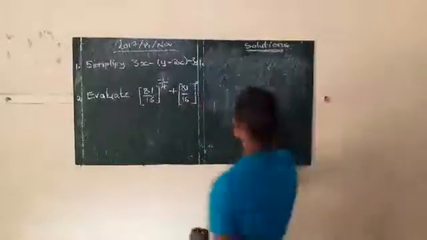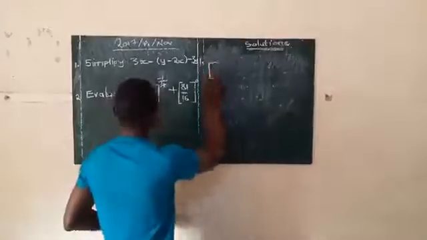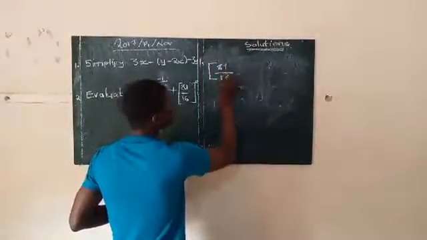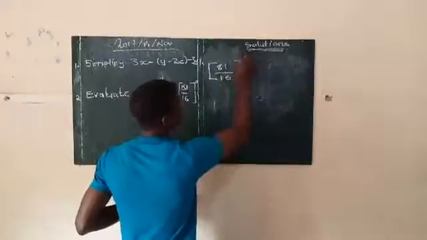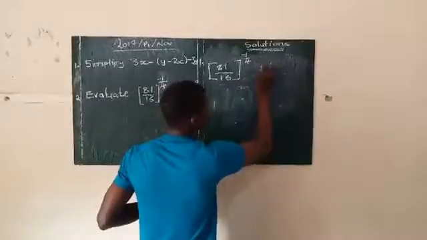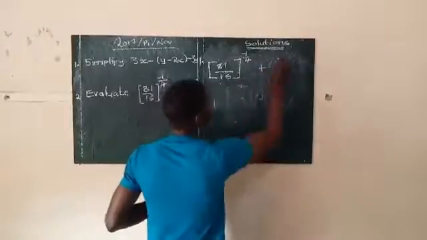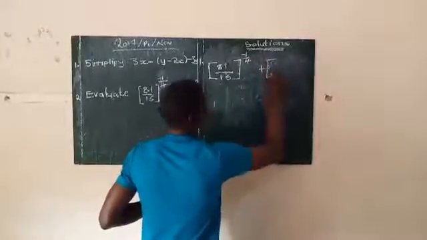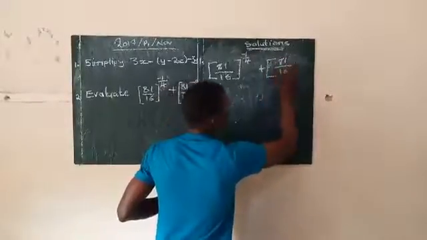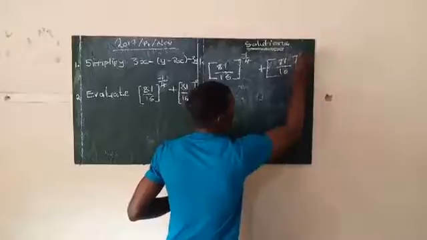So what we do is, we have (81 over 16) to the power negative 1 over 4, plus again (81 over 16) raised to the power 0.